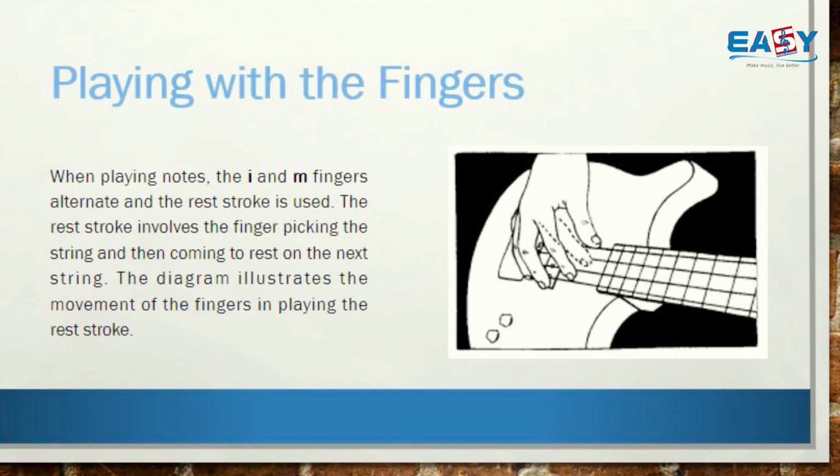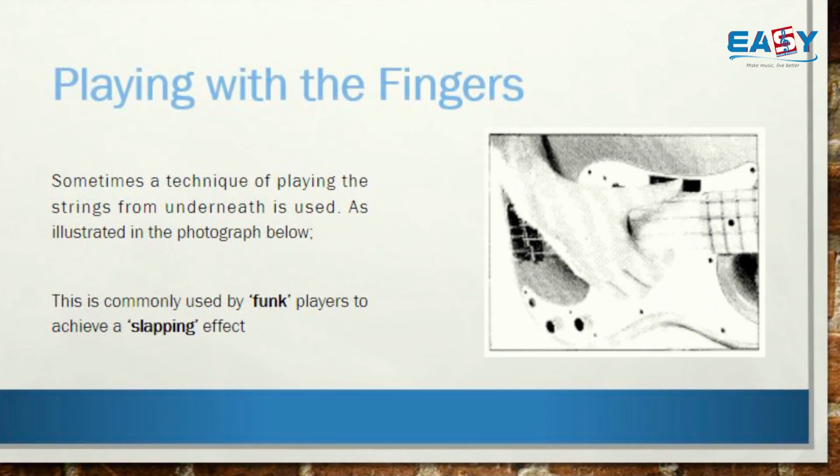When playing with fingers, there are sometimes some rare styles that can be played with the thumb. More especially, this is used when you want to create a slapping effect.